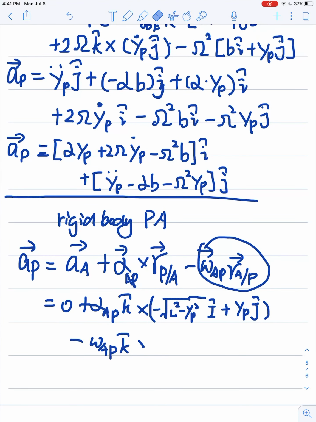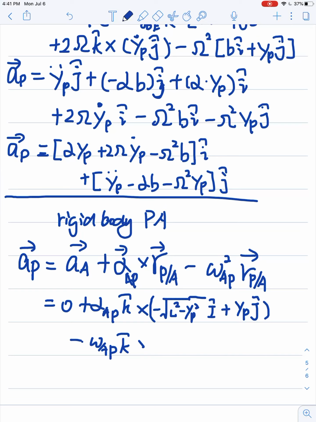Let me fix this. The correct equation should be omega AP square times the RP slash A vector.